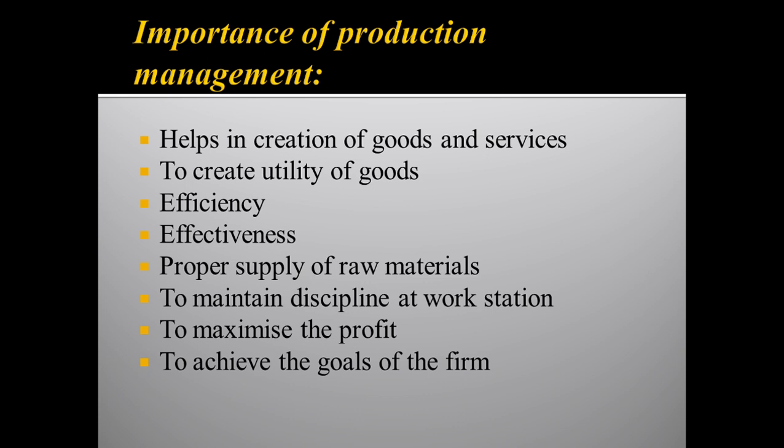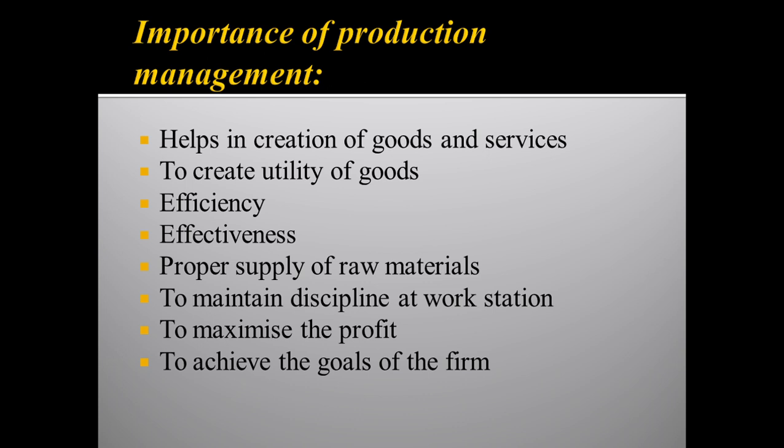So the companies have to make sure, in order to survive in the market or capture the market, that there should be least time to provide the materials or the goods in the market. So effectiveness means output with minimum time. It can be in the production department or in the market as well.